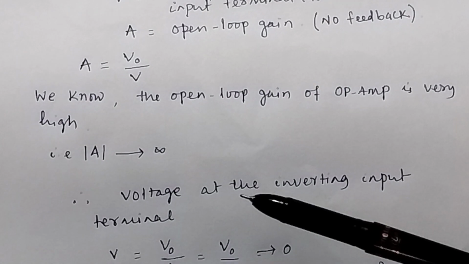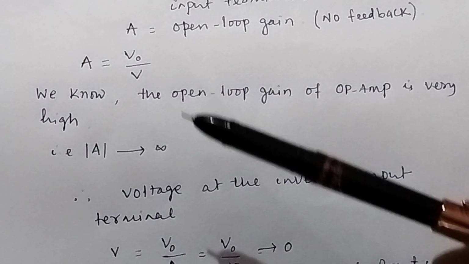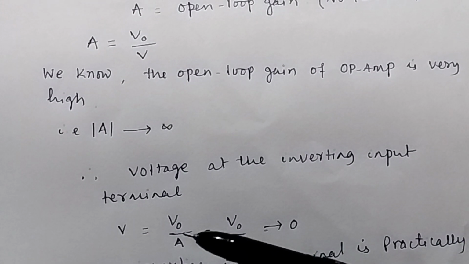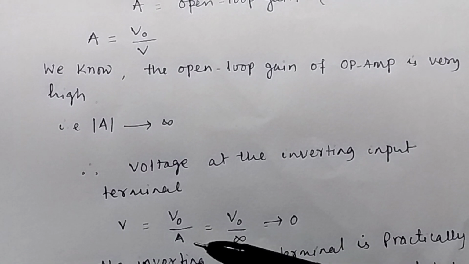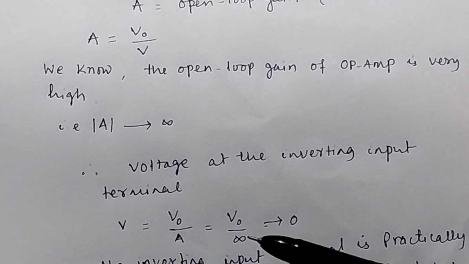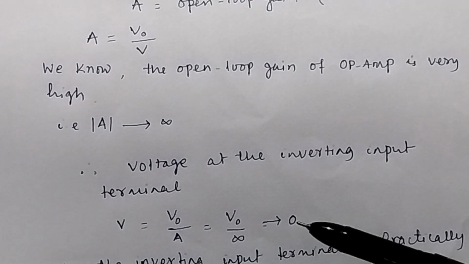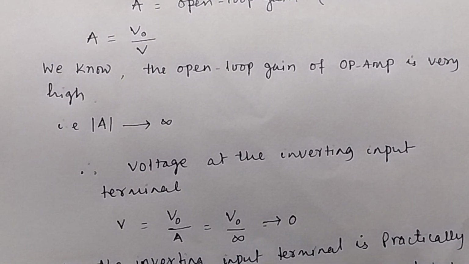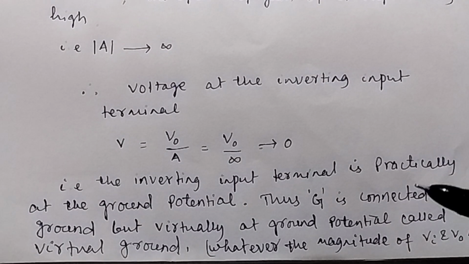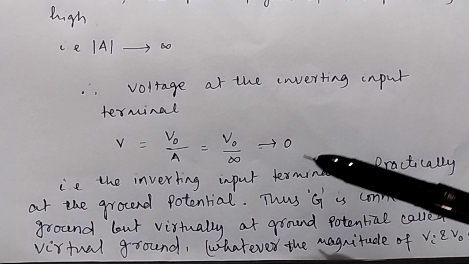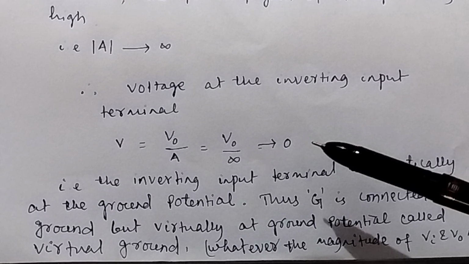So what will be the voltage at the inverting input? The voltage at the inverting input, V, equals output voltage divided by gain. If gain is equal to infinite, then the voltage at the inverting input terminal tends to 0. And I have told you the voltage is equal to 0 when the circuit is connected to the ground.